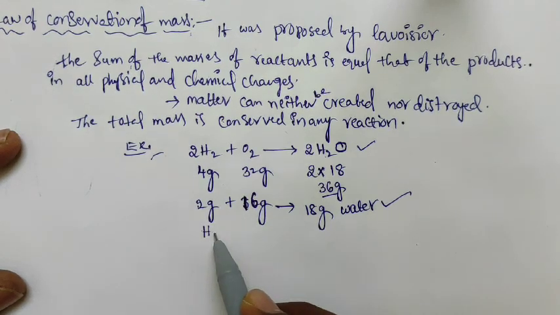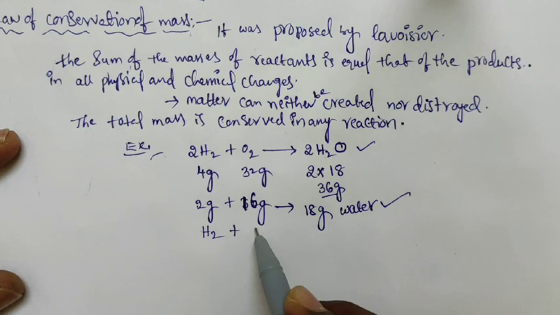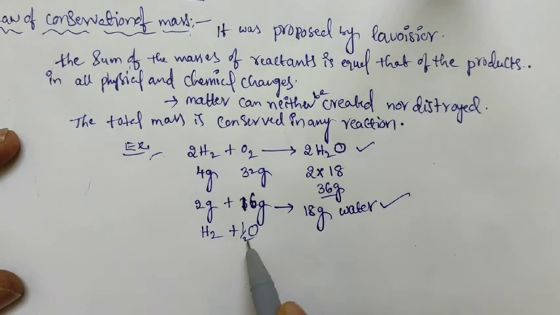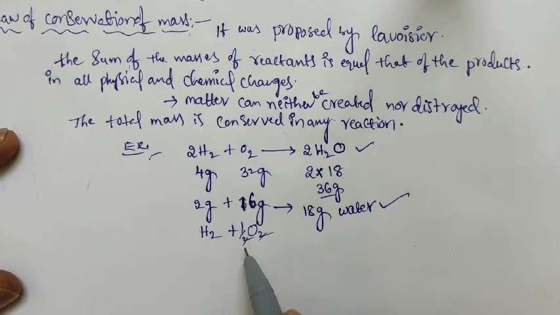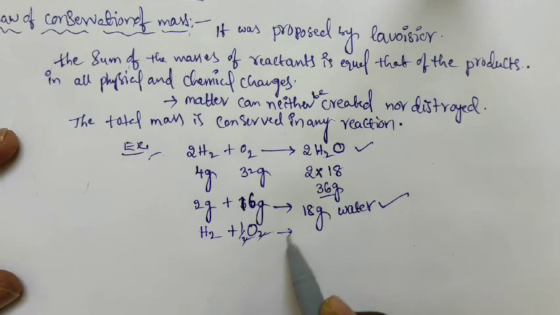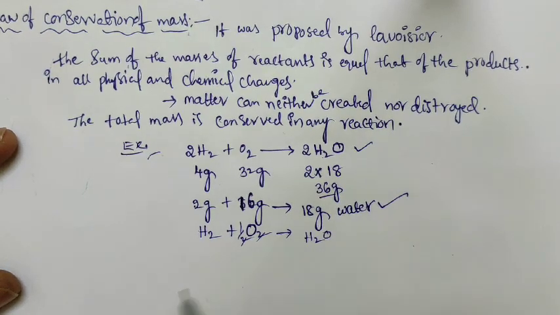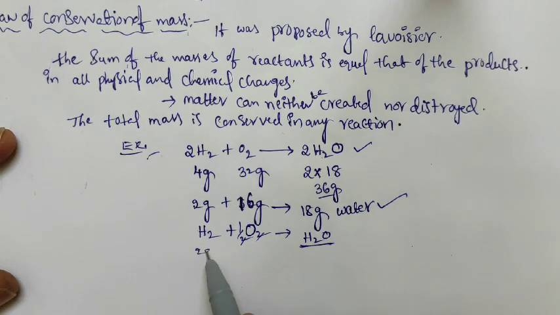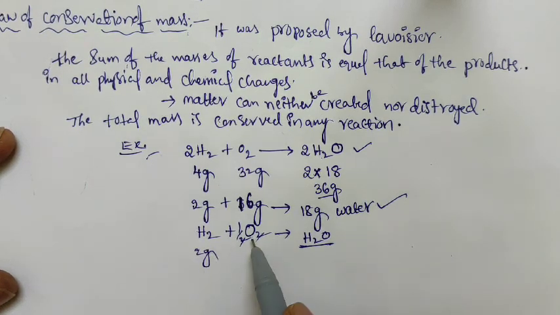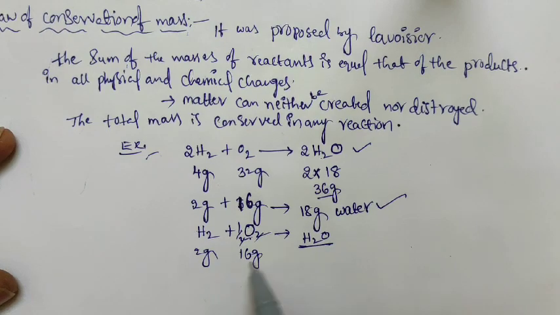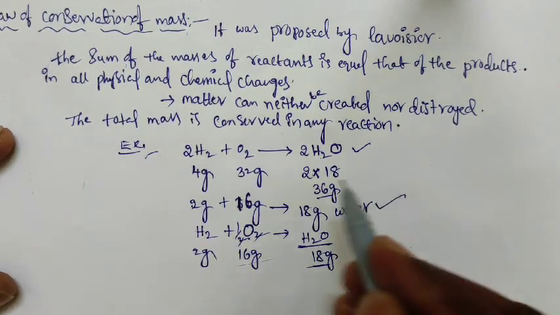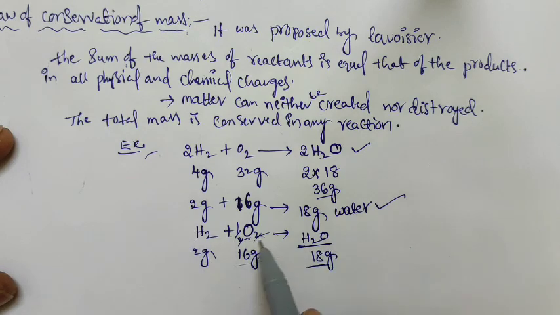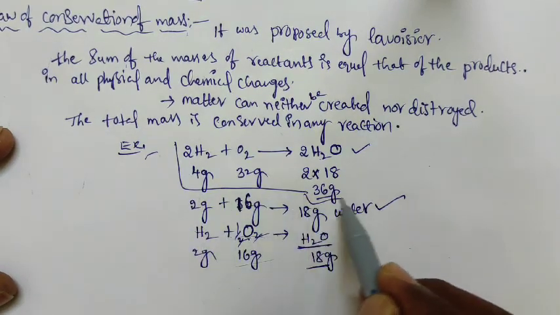The formula is H2 plus O2, where the 2 gets cancelled and O will come. So the total formula is H2O. The H2O weight is 2 grams for hydrogen plus 16 grams, total 18 grams mass. If we balance this equation, this is the weight.